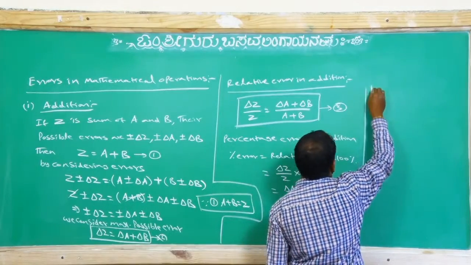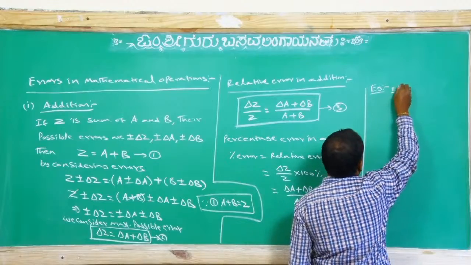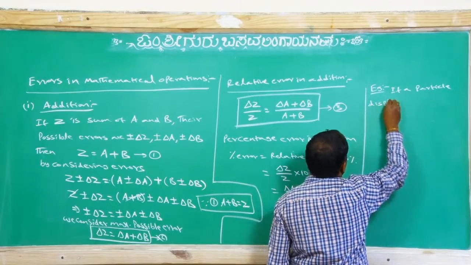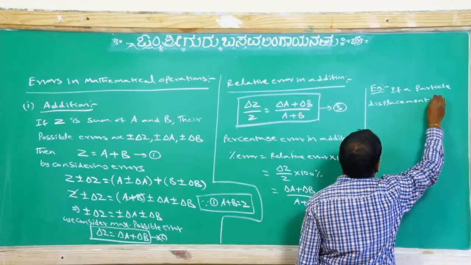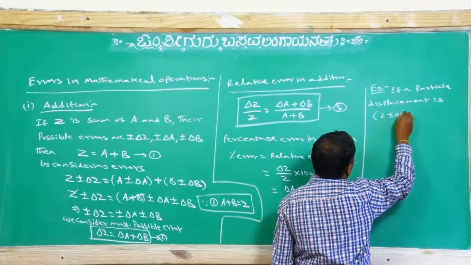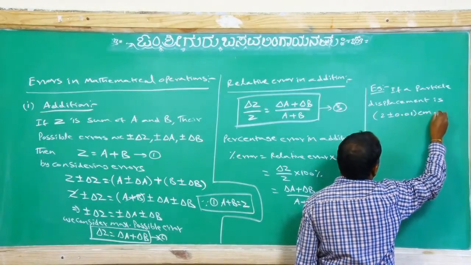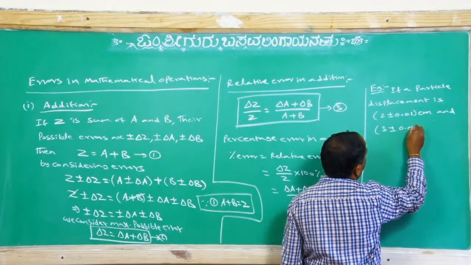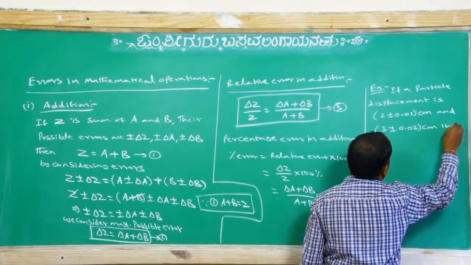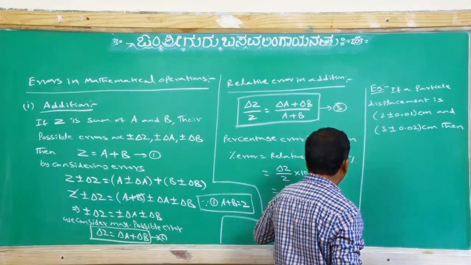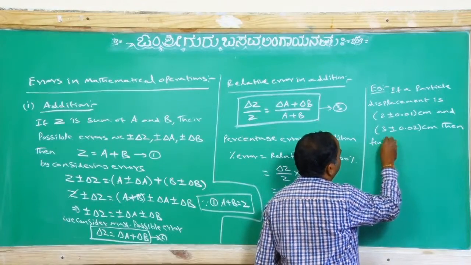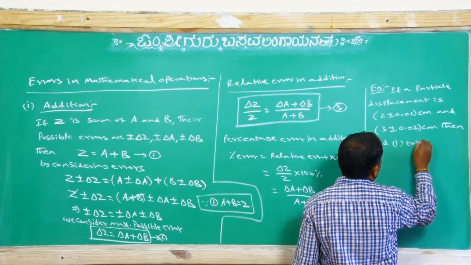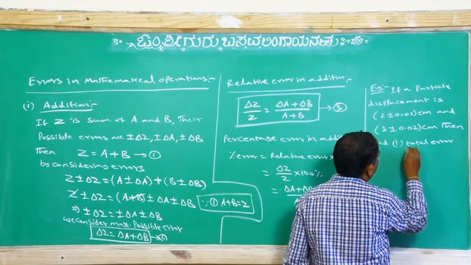I will give one example. Example: if a particle's displacements are 2 plus or minus 0.01 centimeter and 3 plus or minus 0.02 centimeter, then find number one, their total error in addition.